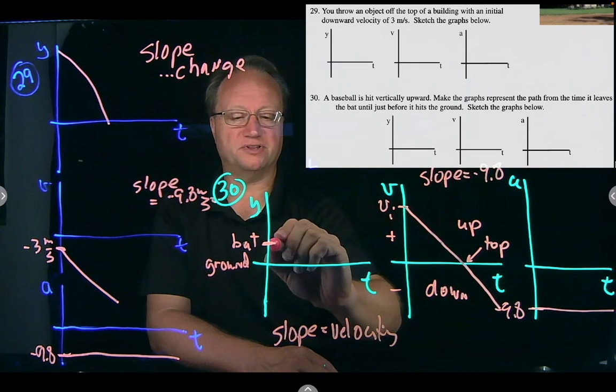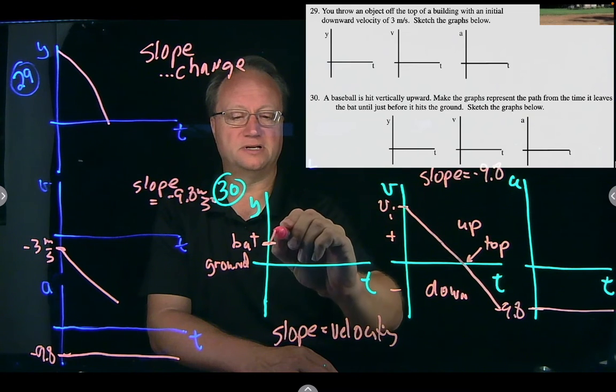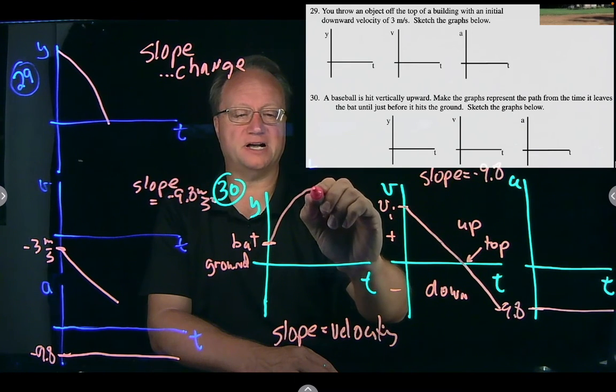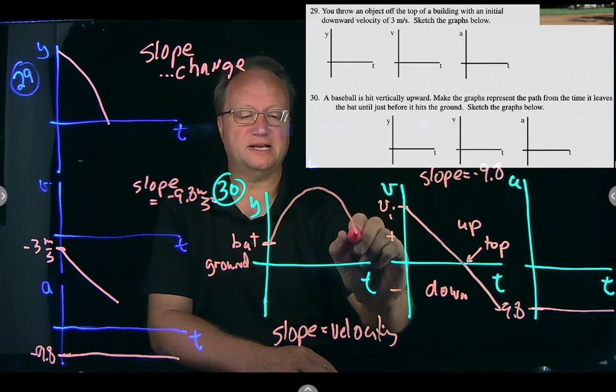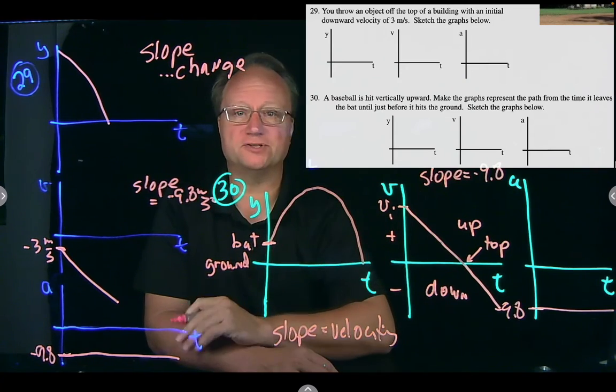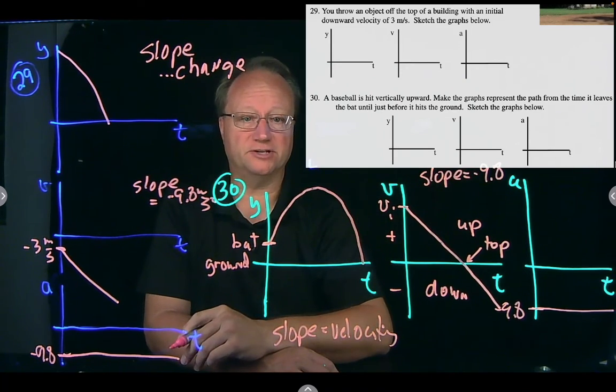So I'm going to start with a very positive slope, which becomes less and less positive to the top of the path, and then more and more negative. So your y versus t, the position graph, literally looks like the path of the ball.